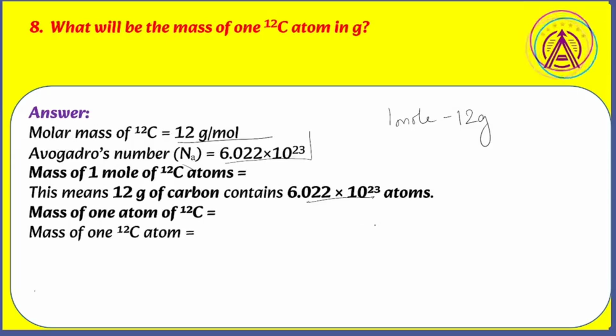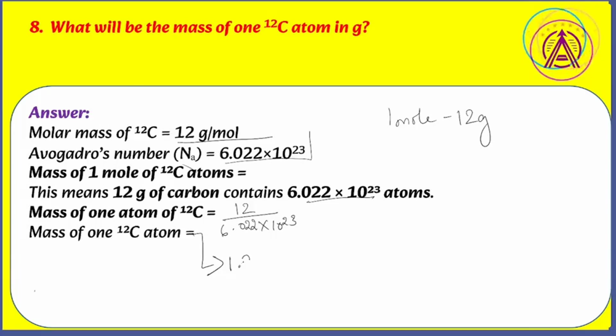So one particular particle, that is one atom, will correspond to how much? That is nothing but 12 divided by 6.022 into 10 to the power 23, which I end up getting as 1.993 into 10 to the power minus 23 grams.